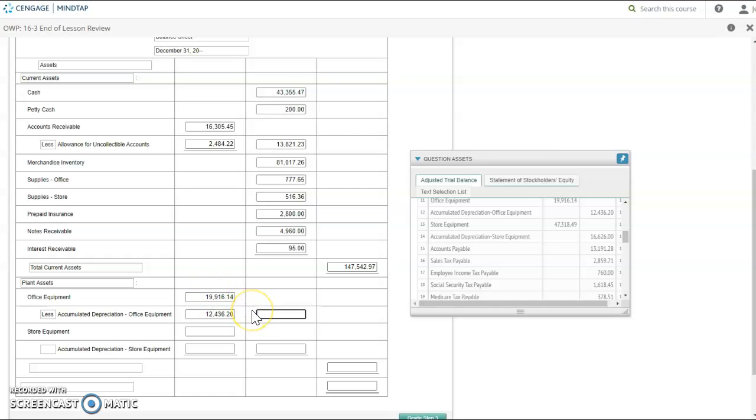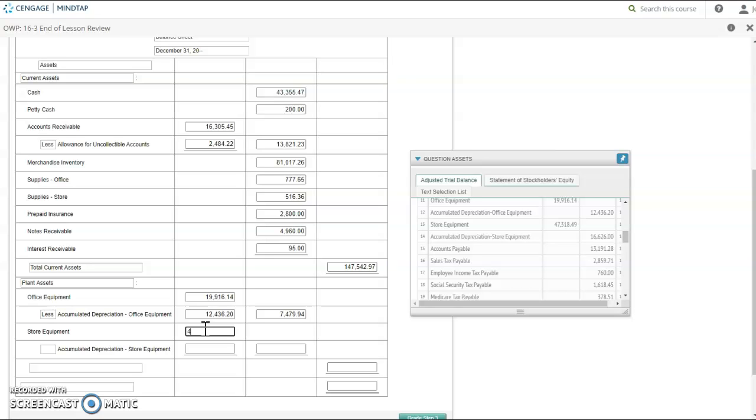I'm going to go ahead and subtract those to get my book value. My book value then is 7,479.94.